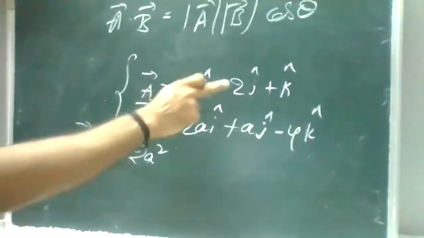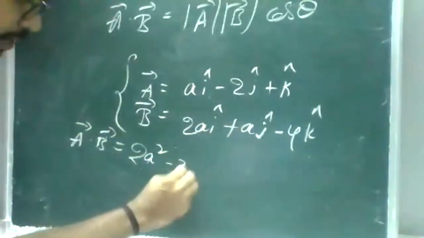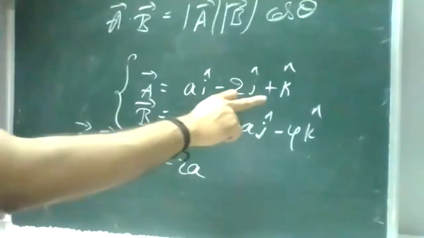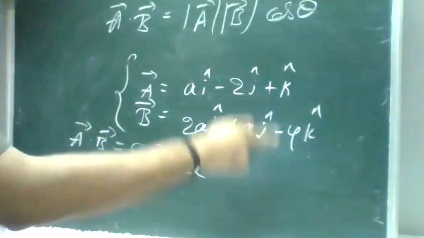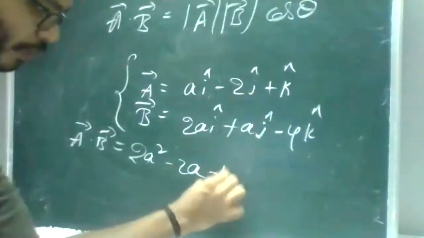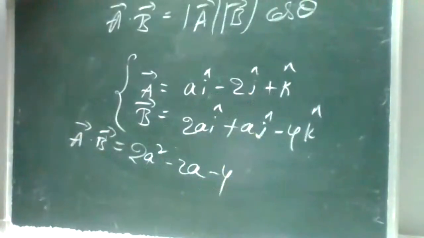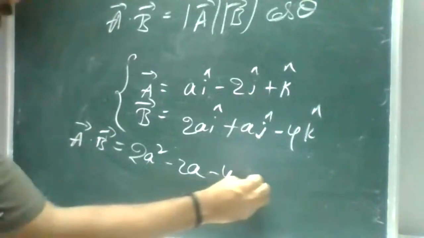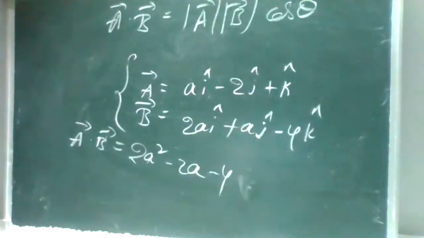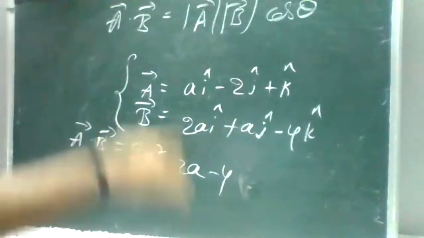Then it is minus 2 into a, so minus 2a. Then plus k and it is minus 4, so it is 1 into minus 4, so it is minus 4. So 2a square minus 2a minus 4. After I divide it by 2, good. Okay, so this is your equation. Now modulus is not needed.